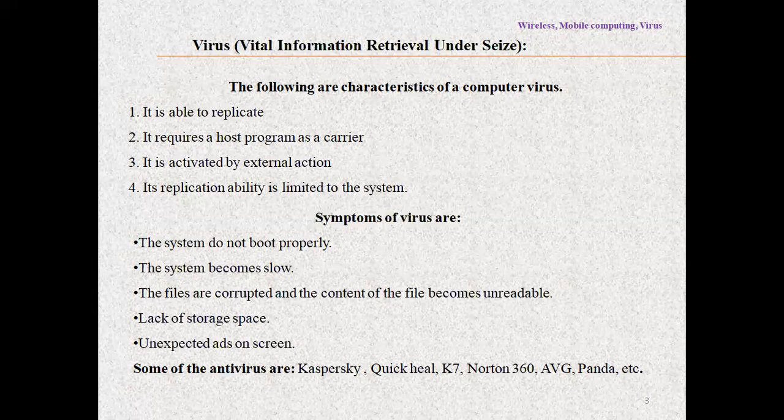It is one of the reasons. Sometimes your files, whatever files you have stored in computer memory, may be corrupted, or it becomes unreadable. Means when you open the file, you may find some junk characters.